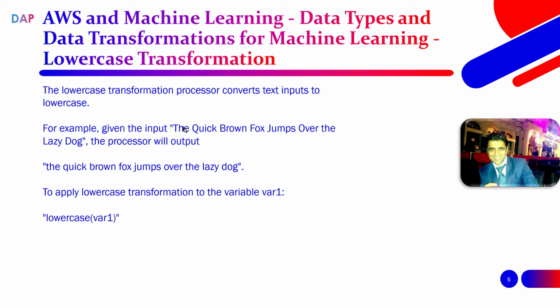If we do the lowercase transformation on this string, given in the quotes, we will get the output string "the quick brown fox jumps over the lazy dog". All this transformation has done is convert any capitals into lowercase.